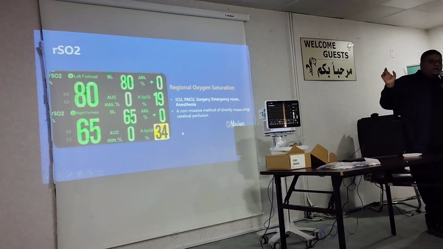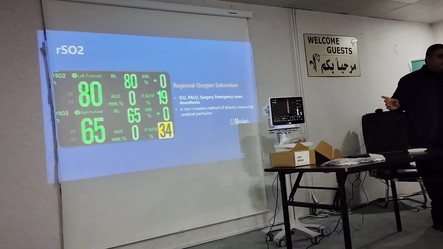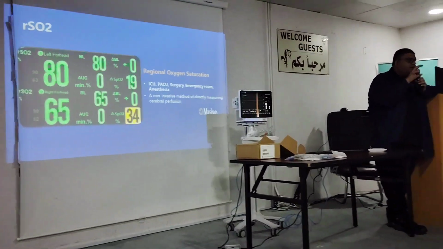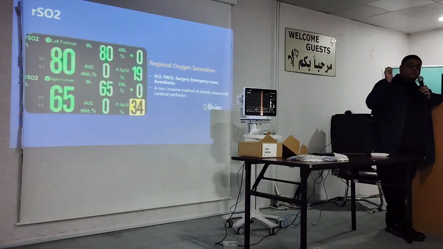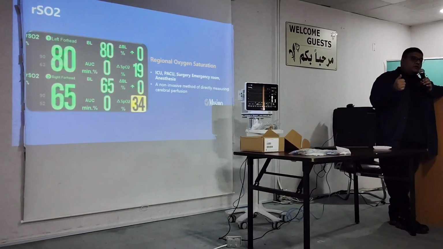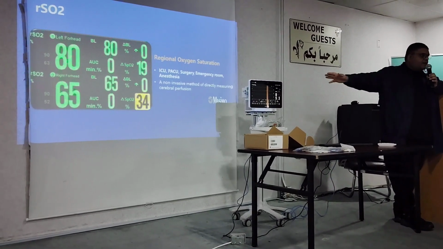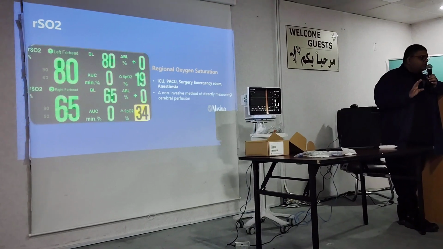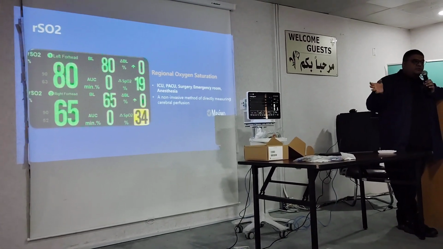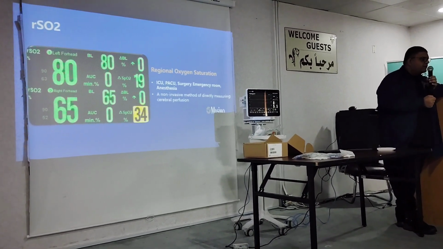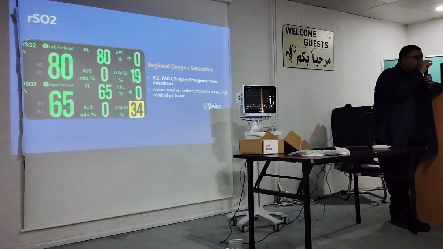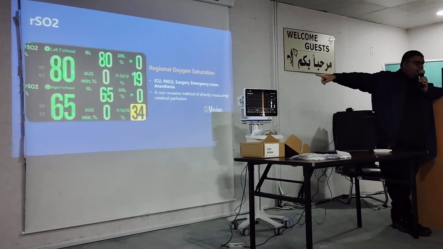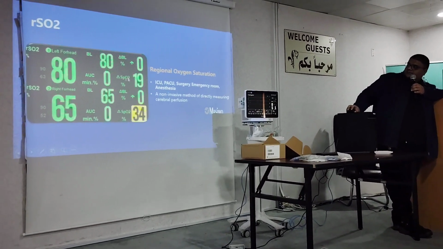So whenever you have an SpO2 value and an RSO2 value, you can compare them. If, let's say, your SpO2 is 100 but your RSO2 is 65, that means the blood has enough oxygen and your tissue is using that oxygen, okay? But if the values are too close, let's say, you see there is a delta SpO2, this value here.